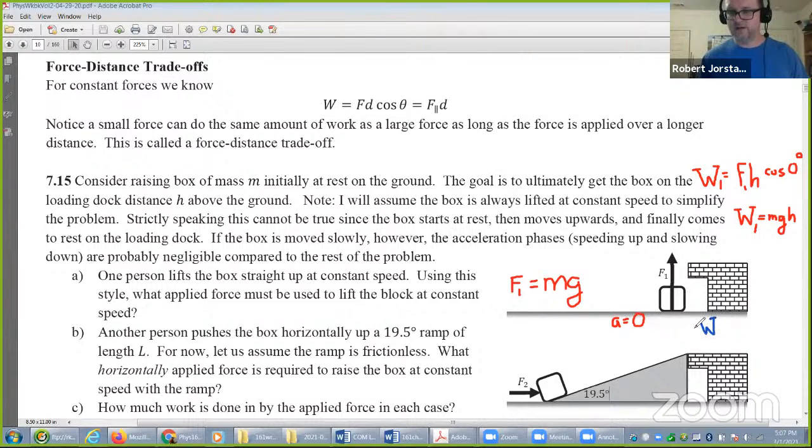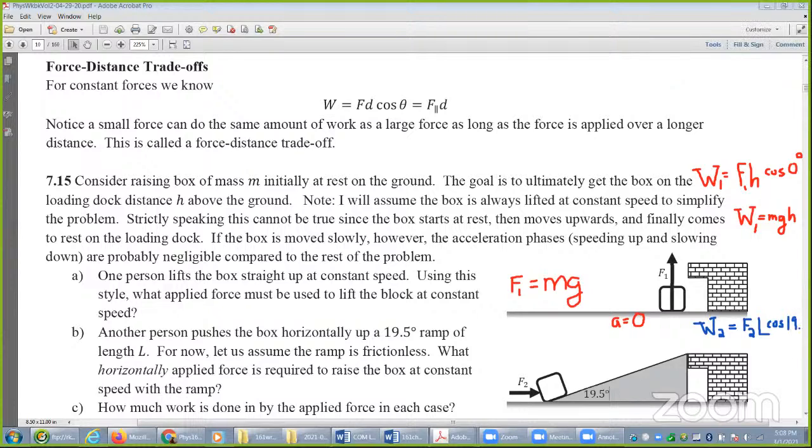Work 2 should equal force 2 times the distance. In this case, the distance is the length of the ramp, so it's not h anymore. And then I'm going to have to do cosine of what angle in this case? 19.5. Yeah, 19.5 in this case.